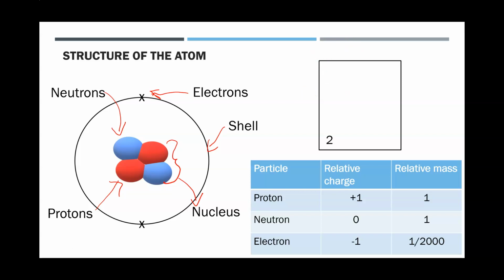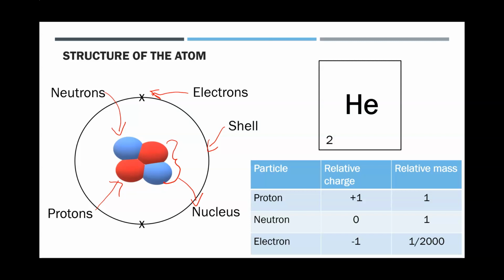That number represents the number of protons. So we know this has 2 protons, so we're looking for the box with the number 2. If you found that, you should find out that it is helium.